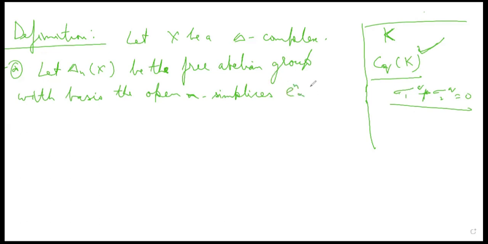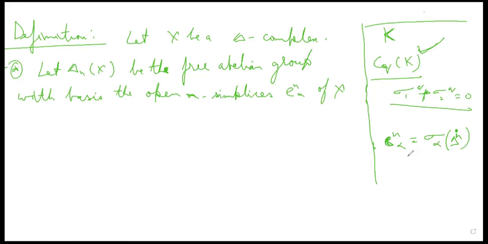E_n^alpha of X. So what is this E_n^alpha basically? This E_n^alpha is basically sigma_alpha applied over this interior, right?